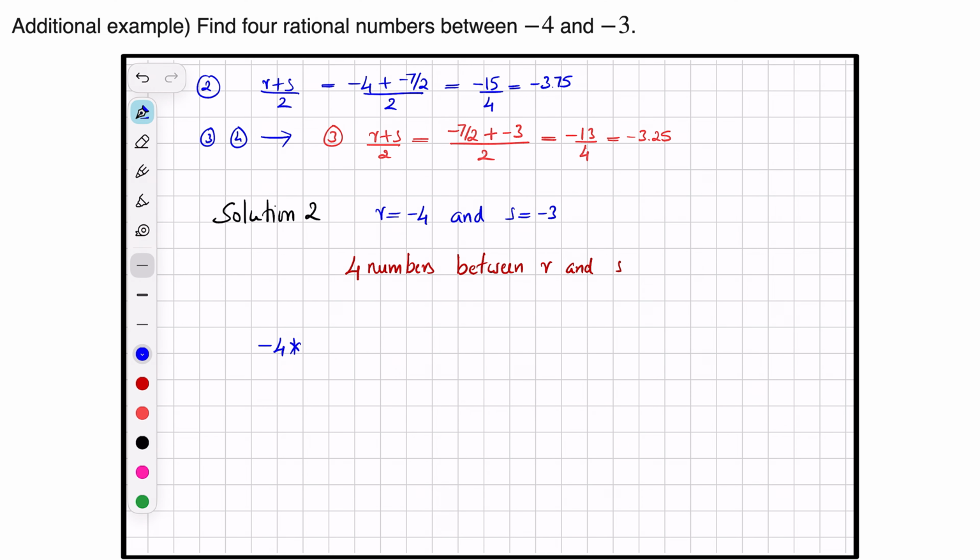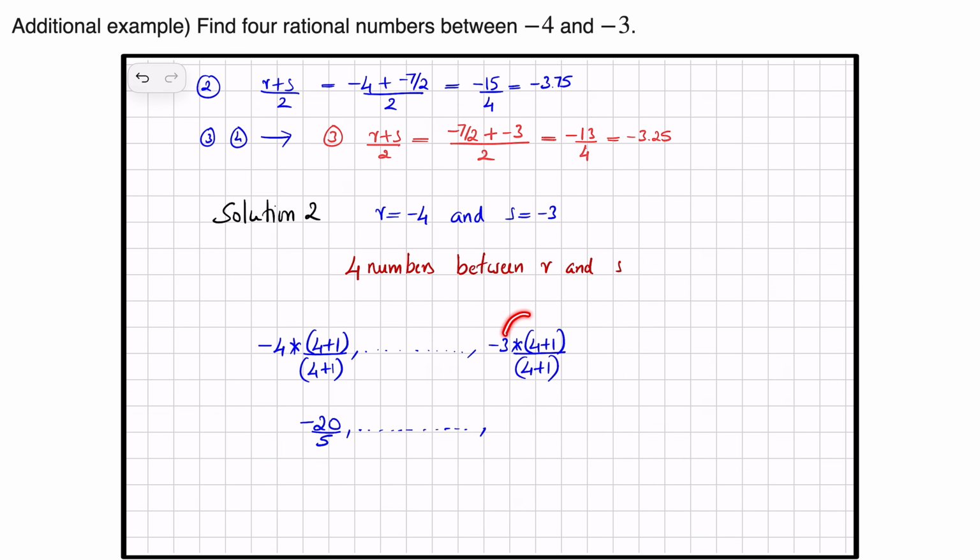I take -4, multiply by 4 plus 1, and divide also by 4 plus 1. Then we have numbers in between, and the other number -3 into 4 plus 1 divided by 4 plus 1. If I calculate, I will get -4 into 5, which is -20/5, and numbers in between, and -3 into 5, which is -15/5. We can now easily write the numbers.